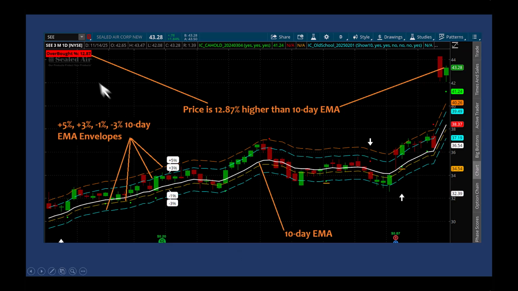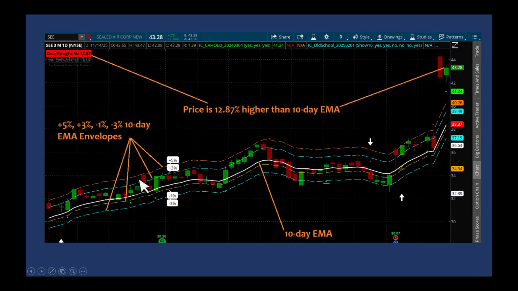Here's a case in point where we're looking at a stock and we can see the envelopes. We've got the 10-day EMA, that's this white line, and then the line that's 3% above that, and then the line that's at 5%. And James said 5, but when I set this up, I just said my limit's going to be 3. So that's just where it's at.